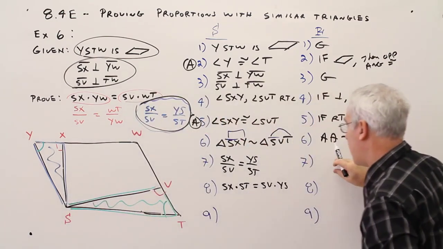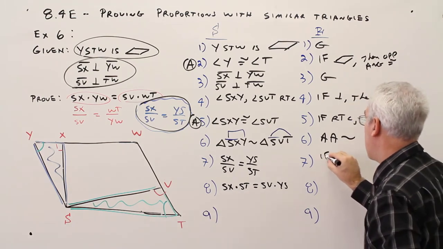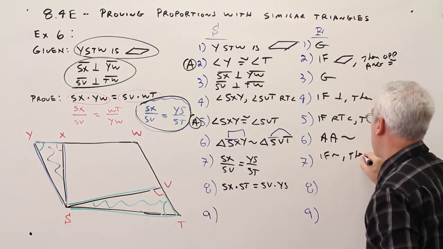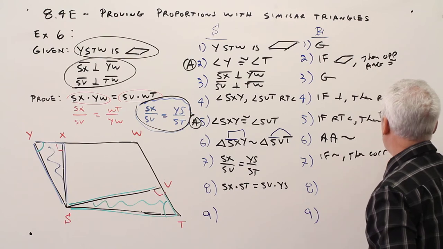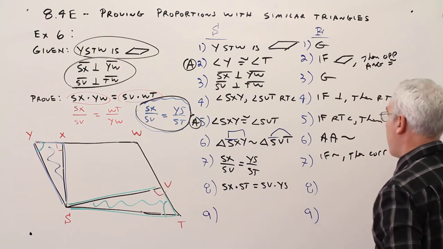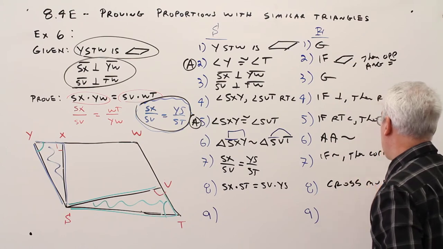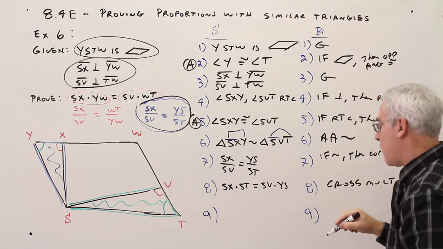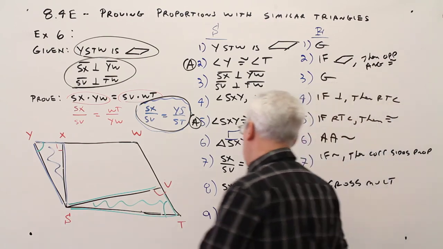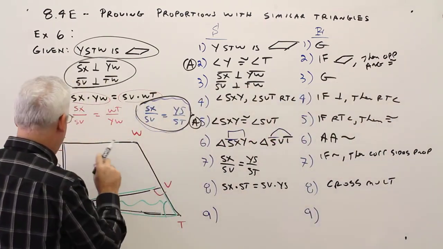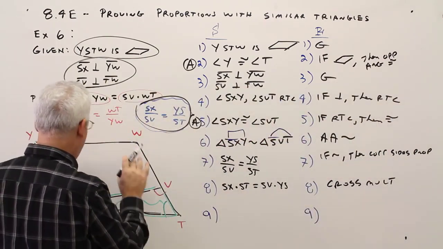I better put the reason over here. If similar, then corresponding sides proportional. This was cross multiply. You need one more step, sorry about that. Step 9, I'm going to use my parallelogram properties.